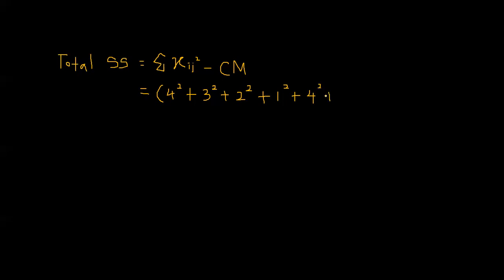And then you continue with the next treatment, that is score trial 2 with subject A, that is 6 square.